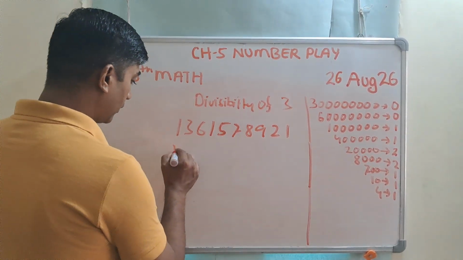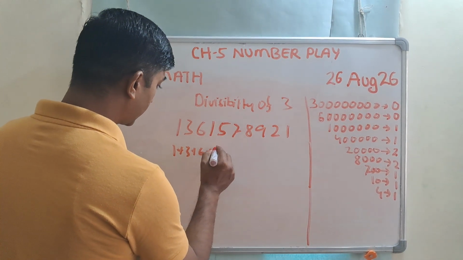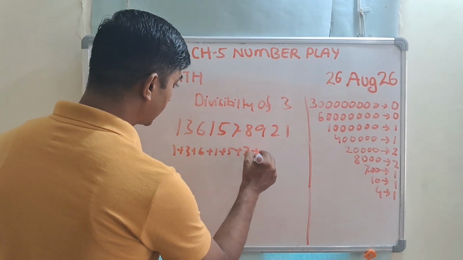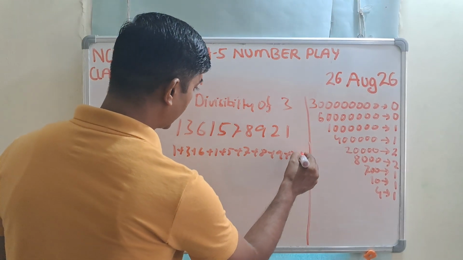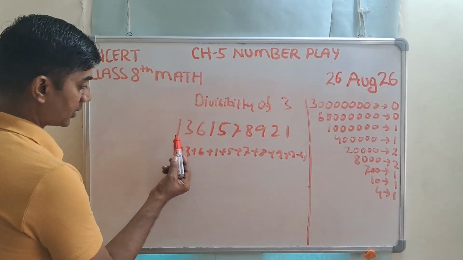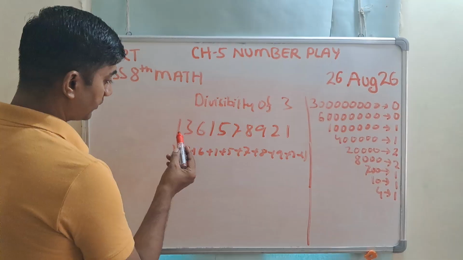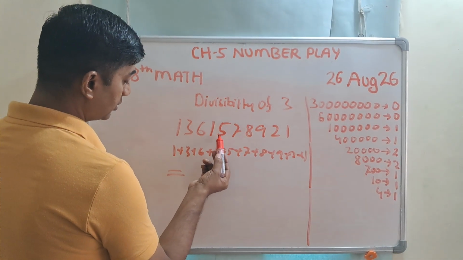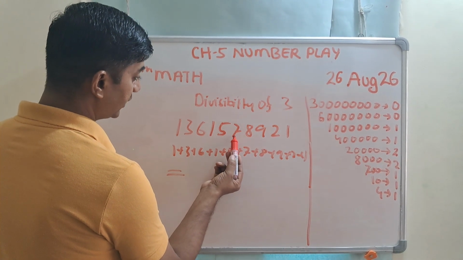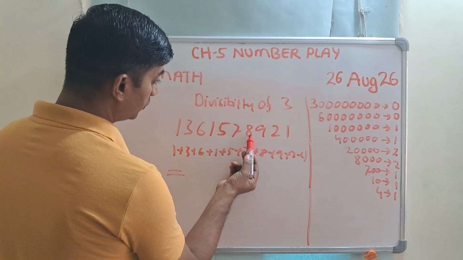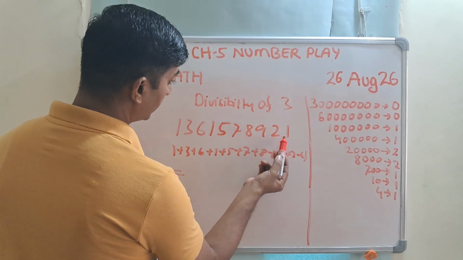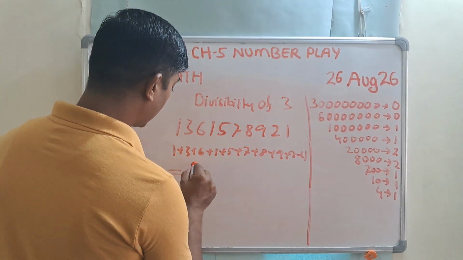We will just add 1 plus 3 plus 6 plus 1 plus 5 plus 7 plus 8 plus 9 plus 2 plus 1. What is the result? 4, 10, 16, 16 plus 7 is 24, 32, 41, 41 plus 3 is 44.